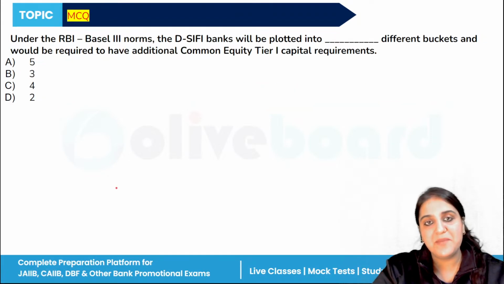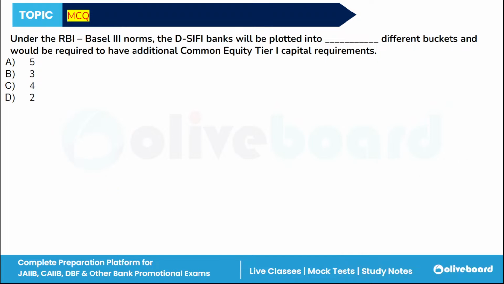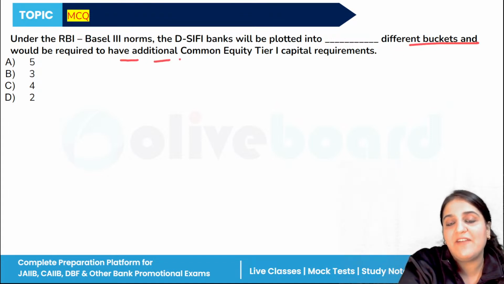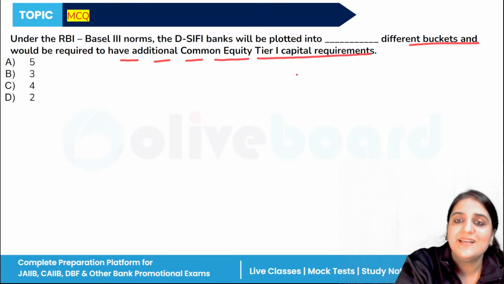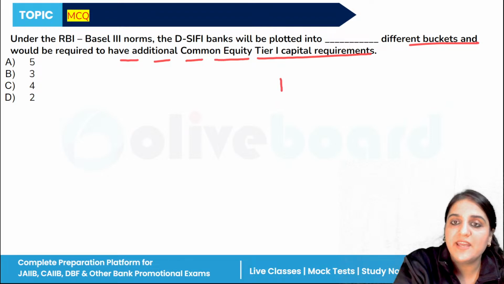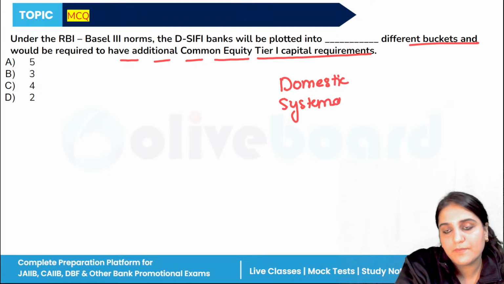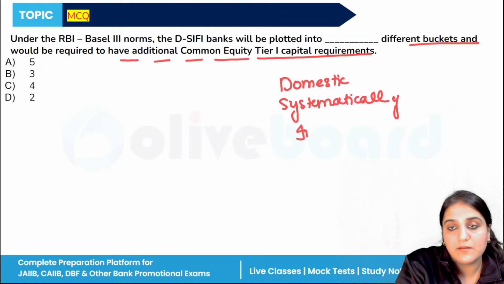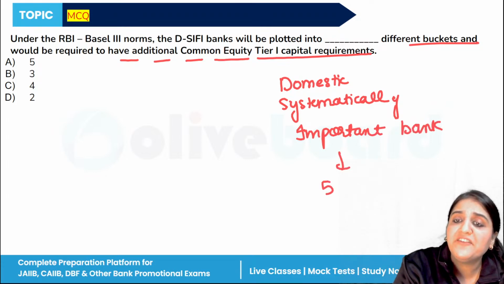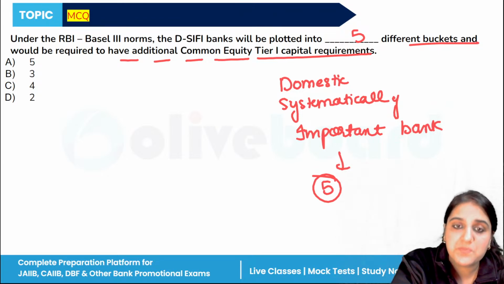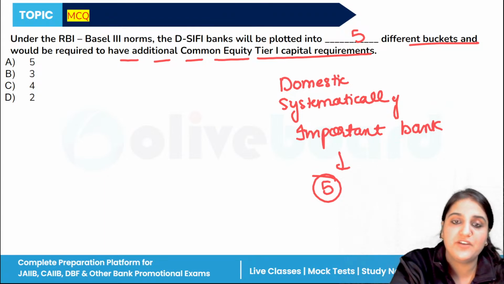Then, under the RBI Basel III norms, the D-SIB banks here will be plotted into dash different buckets and would be required to have additional common equity tier 1 capital requirements. See, if I talk about the RBI Basel III norms, D-SIB means domestic systemically important banks that are categorized into 5 different buckets based on the systemic importance, and each bucket corresponds to a different level of common equity tier 1 capital requirement.